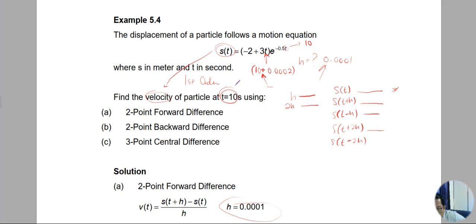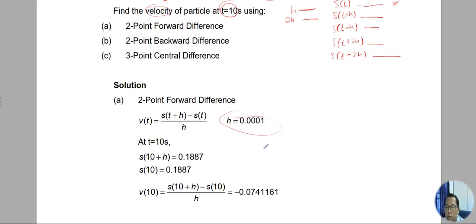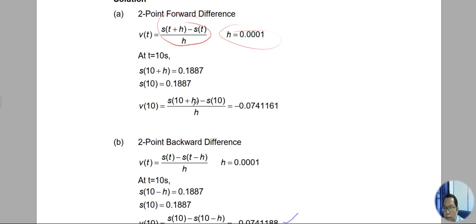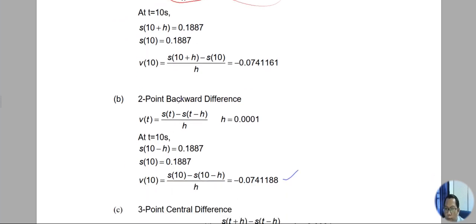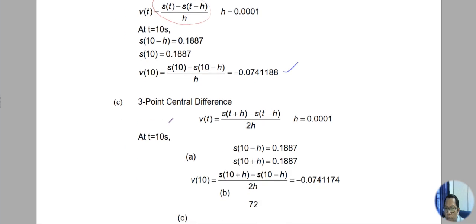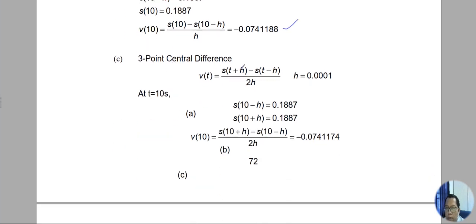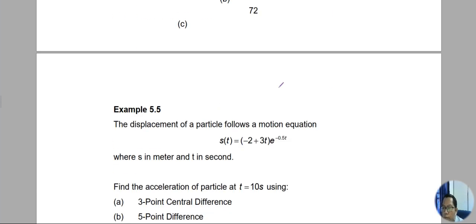Then once you get all these values, you have to substitute back into this formula, for 2 point forward difference, for 2 point backward difference, and also for 3 point central difference by using this one. So just substitute. Then you have to try on your own using your own calculator.